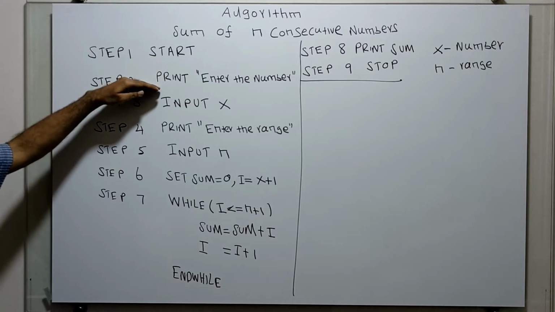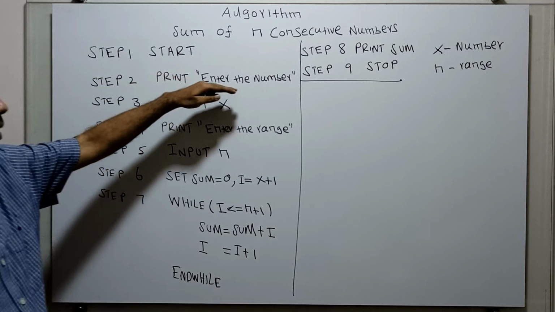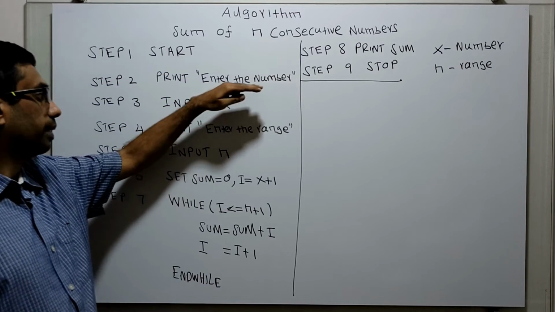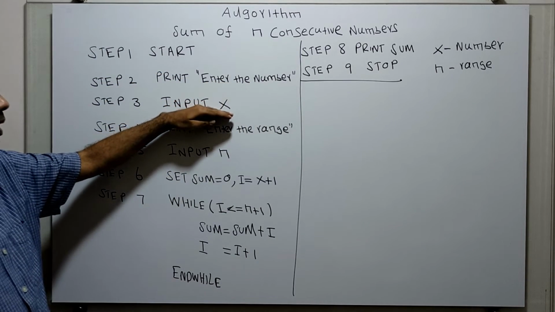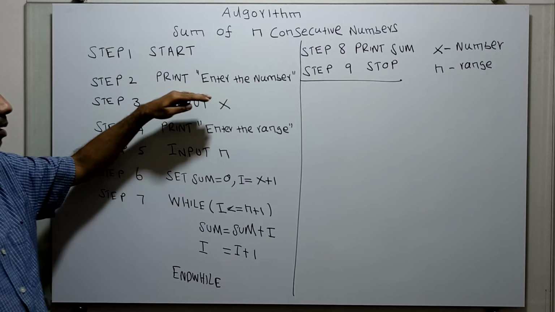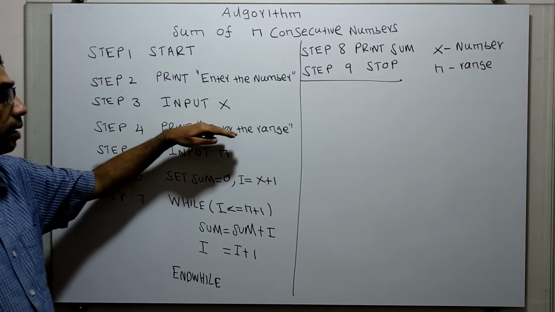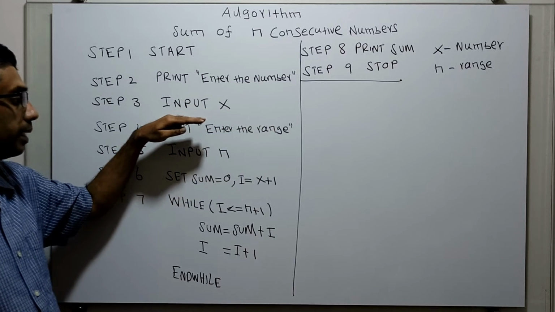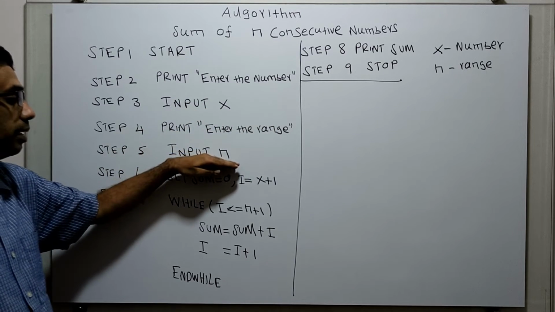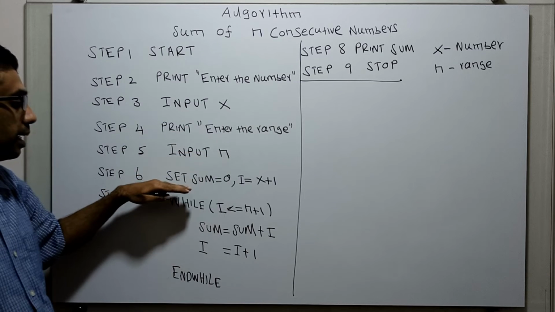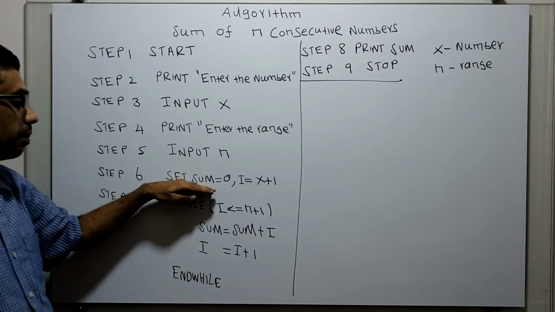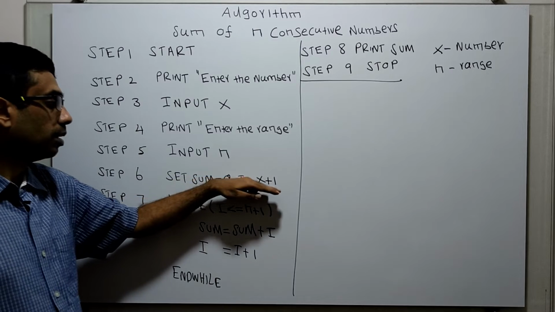So, logical start of the algorithm. I am displaying a message using a print statement, enter the number. When the user enters the number, I am storing it in the variable x. I ask the user using a print statement, enter the range. The number entered by the user is stored in the variable n. I am initializing the variable sum equal to 0, I equal to x plus 1.